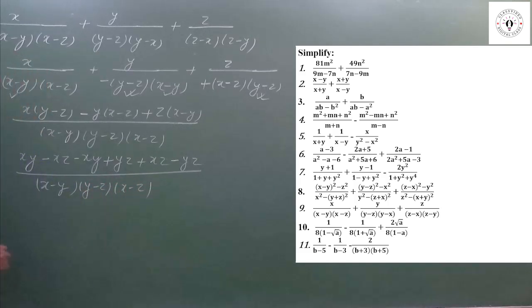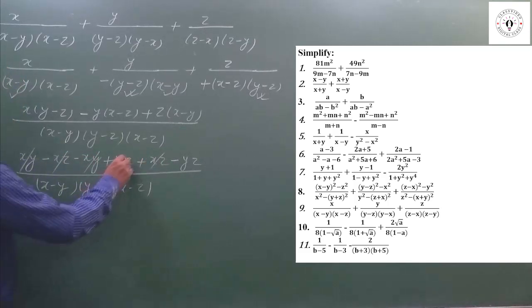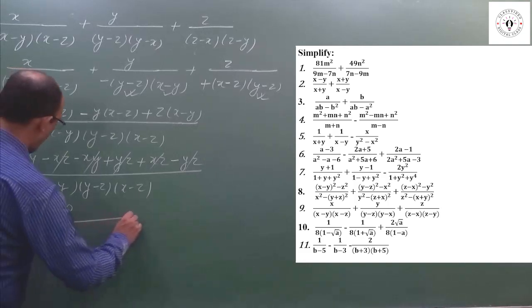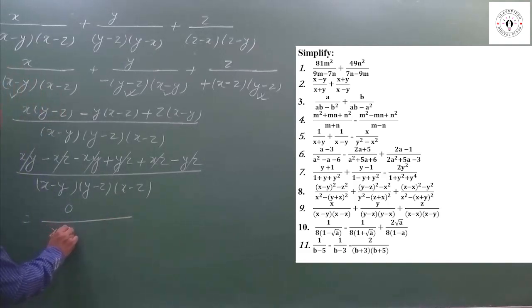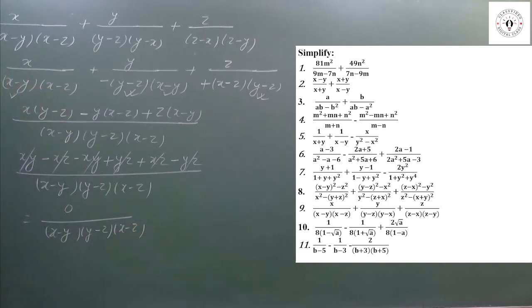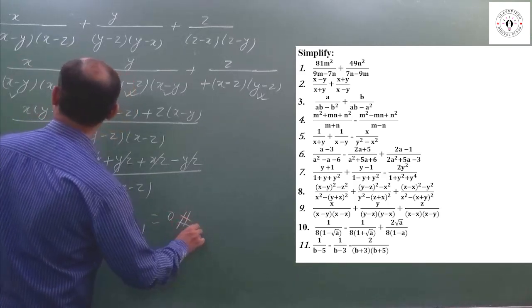Look here, plus xy minus xy cancel, minus xz plus xz cancel. Similarly, plus yz minus yz cancel. So in plus and minus, if all the terms are cancelled, what is left? 0. 0 upon x minus y times y minus z times x minus z. And you know that 0 upon anything is 0. That's why this answer is 0.